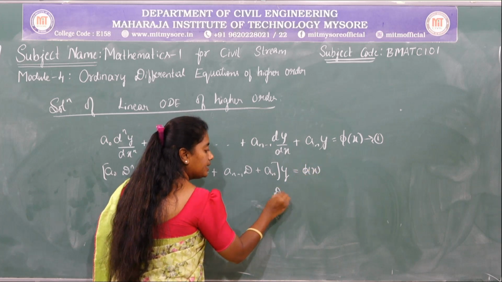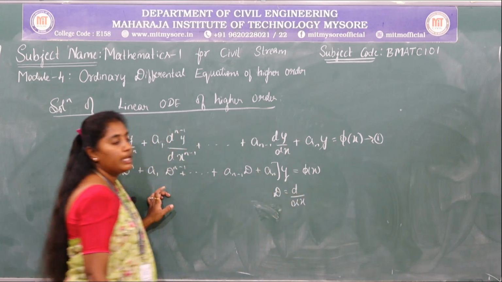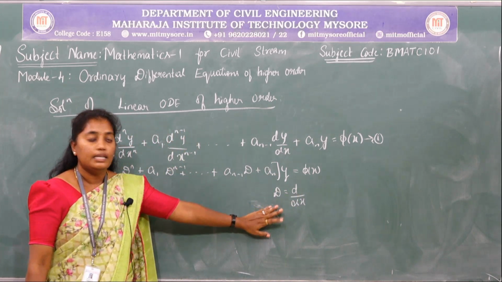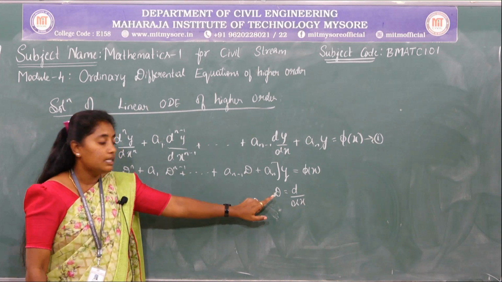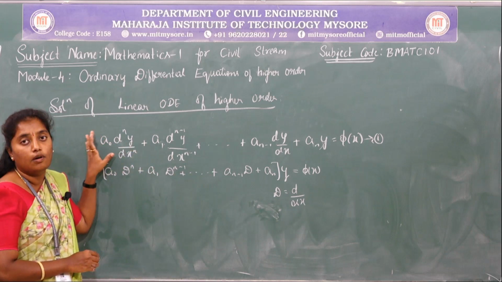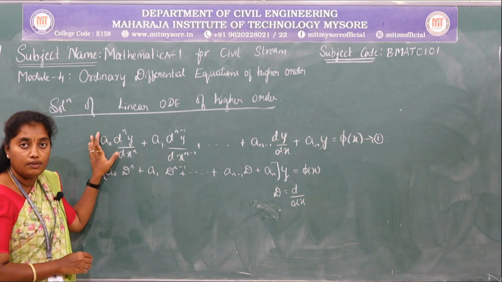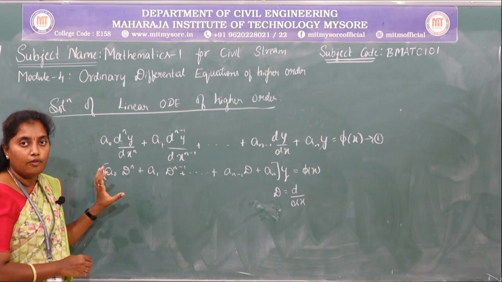Here this capital letter D is d by dx, that is derivative of a dependent variable with respect to the independent variable, which is called differential operator. This D is called differential operator here. So, this is the standard form of higher order linear differential equation. We can write this equation in this form also, in simplified form.